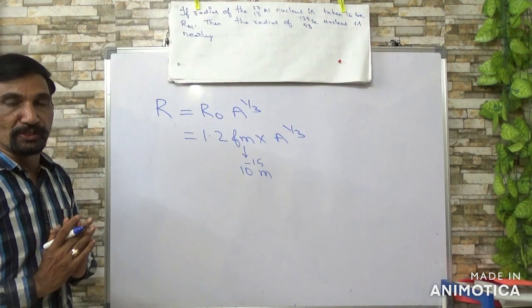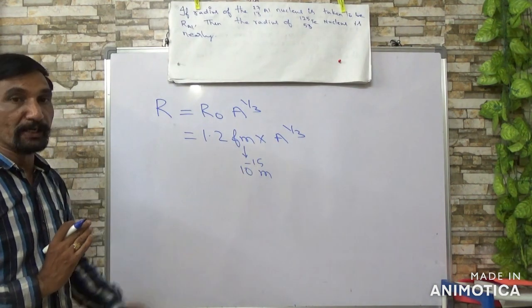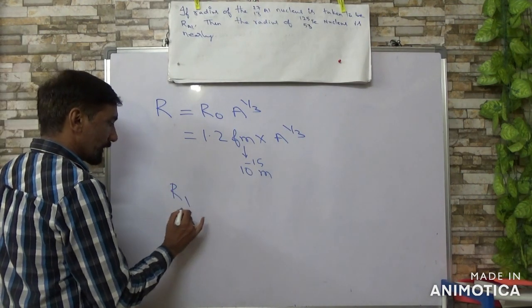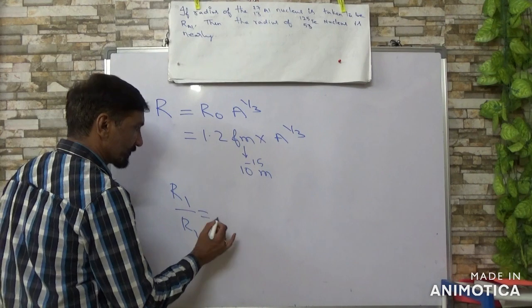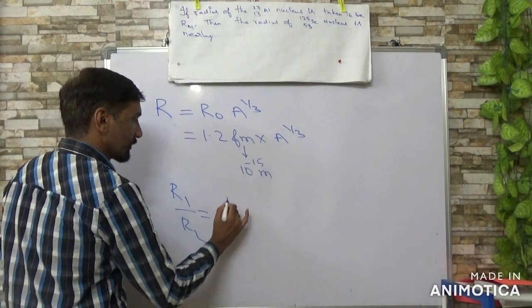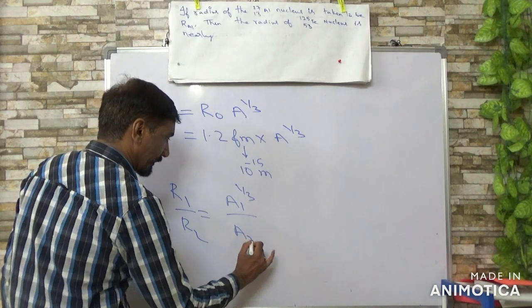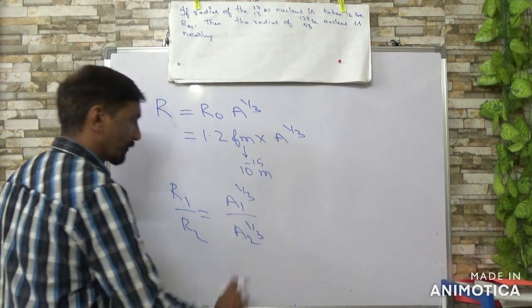All nuclear distances are measured in Fermi. So ratio of radii, R naught is constant now. So A1 power 1 by 3 by A2 power 1 by 3.